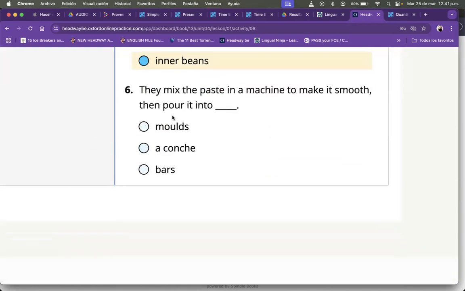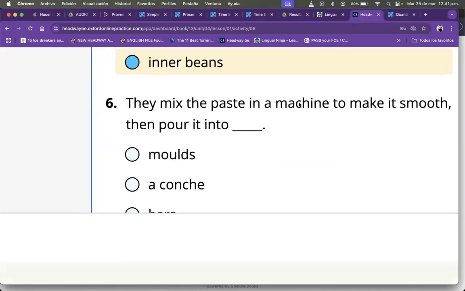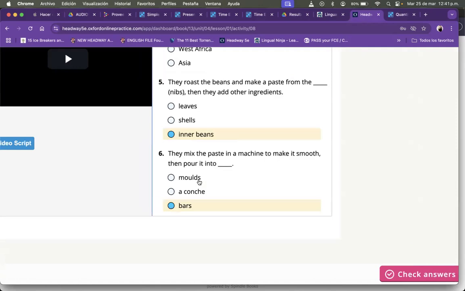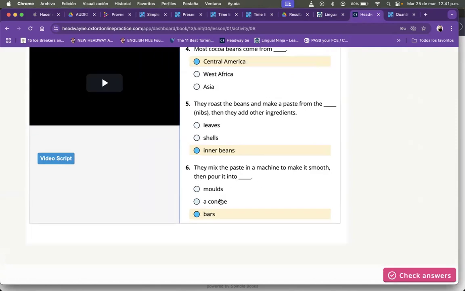Let's see. They mix the paste in the machine to make it smooth, then pour it into molds, a conche, or bars. What is the correct answer? Bars?